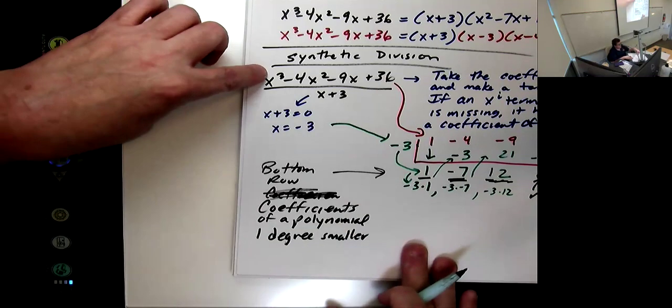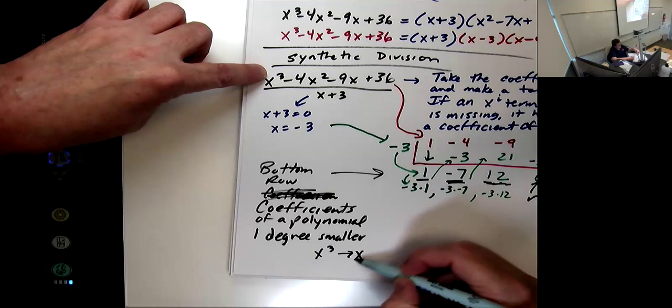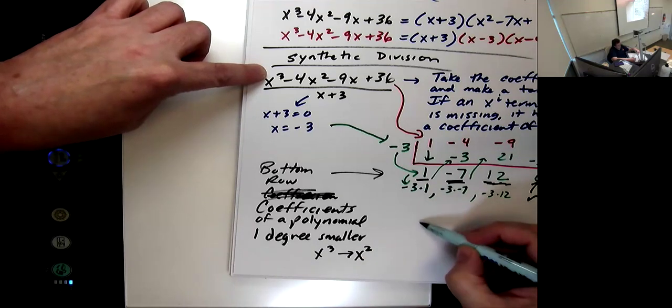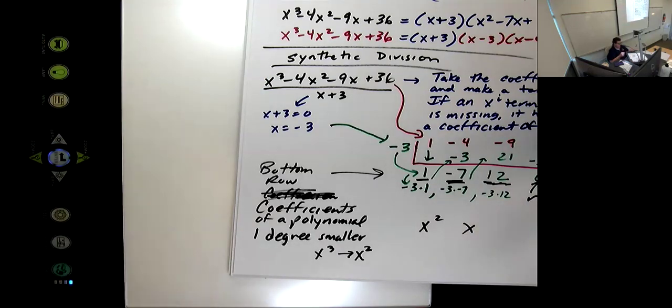So this was x cubed. X cubed drops down to x squared. And I have x squared, I have an x, and these just get put there.